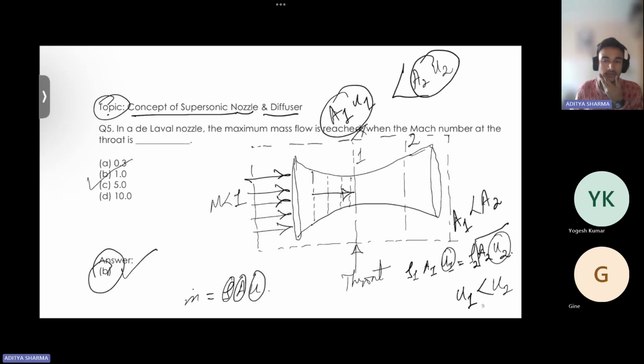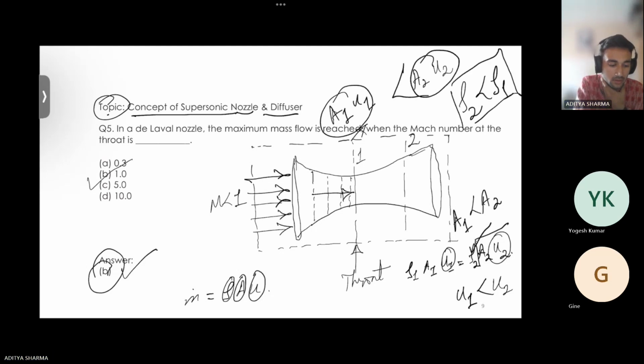But then we are left with this one parameter, rho. So rho will have to adjust itself in such a manner that the mass flow rate remains conserved, all right? So in that case, obviously rho 2 has to be less than rho 1. So this is the discussion I could pull off on this particular question.